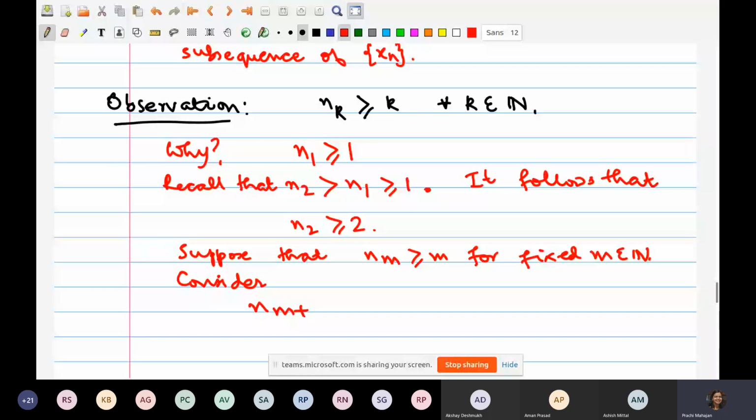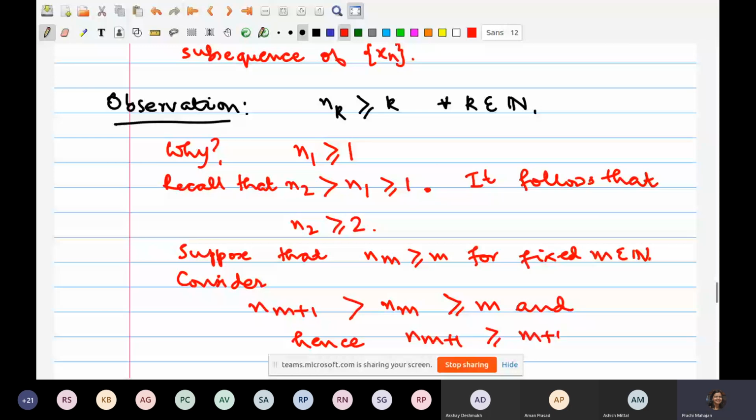Since the sequence n_k is strictly increasing, the inequality n_{m+1} strictly greater than n_m holds. But n_m is at least m, and hence it follows that n_{m+1} is at least m plus 1.